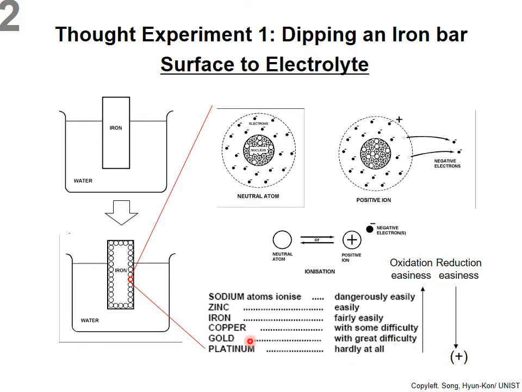How about platinum? Platinum atoms ionize hardly at all, so it is almost impossible to find platinum oxide. Of course, a very thin film of platinum oxide is found on the surface of platinum metal.